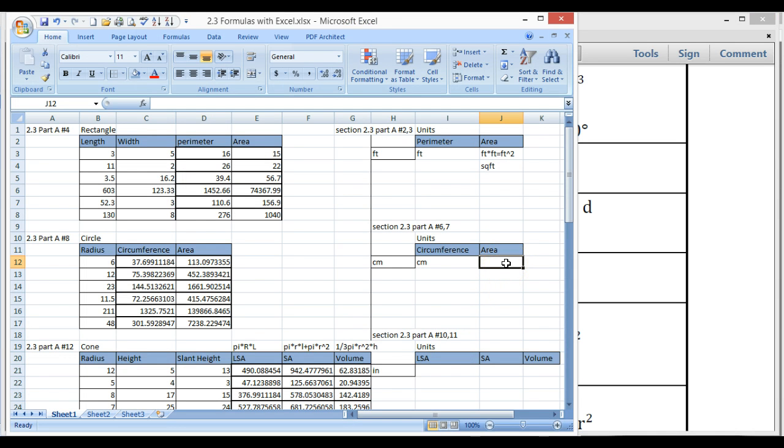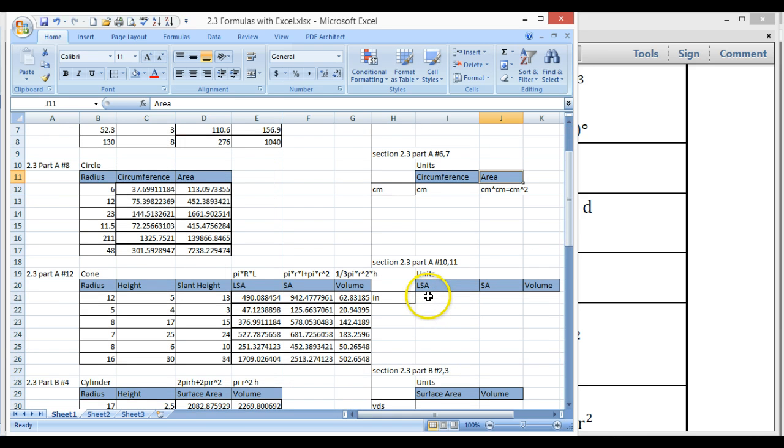So this would be centimeters times centimeters, because I have the length of the radius being multiplied by the length of the radius. So my units are being multiplied as well, which gives me centimeters squared. You'll kind of notice here as we talk about area, it's a squared unit.